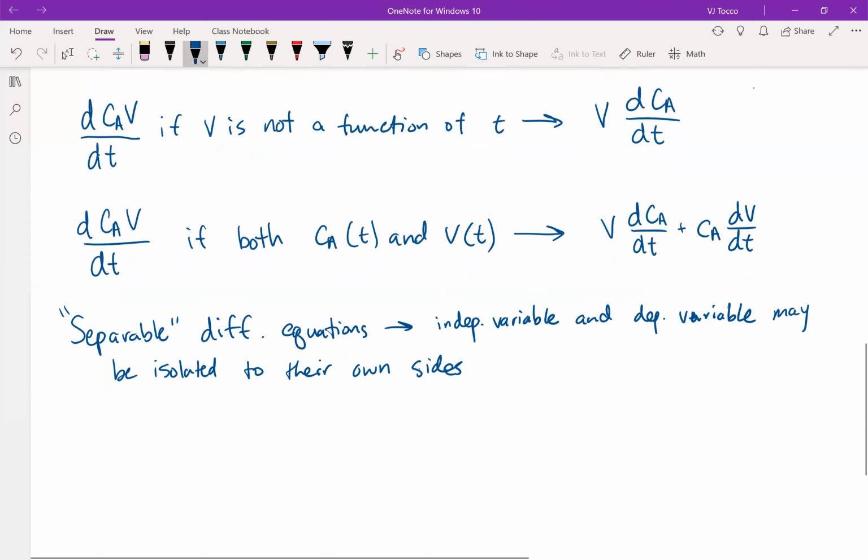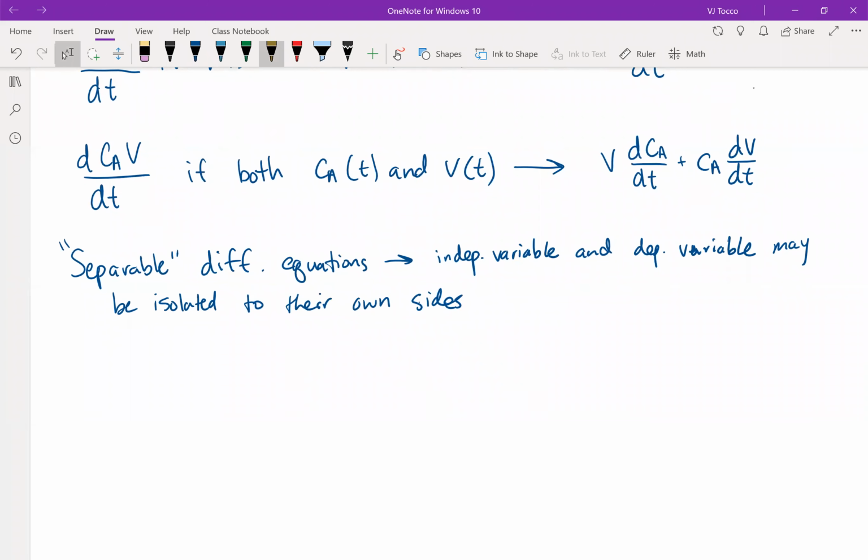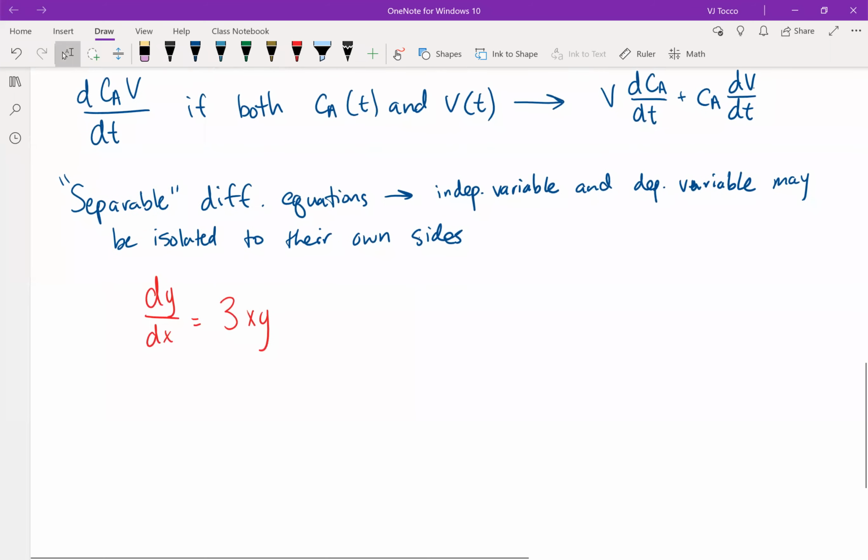So as an example, let's take dy/dx equal to 3xy. This is a separable differential equation because I can perform simple operations to get the x's on one side and the y's on the other side. And that's the first step to solving a separable differential equation. So step one is to separate the variables onto their own sides.